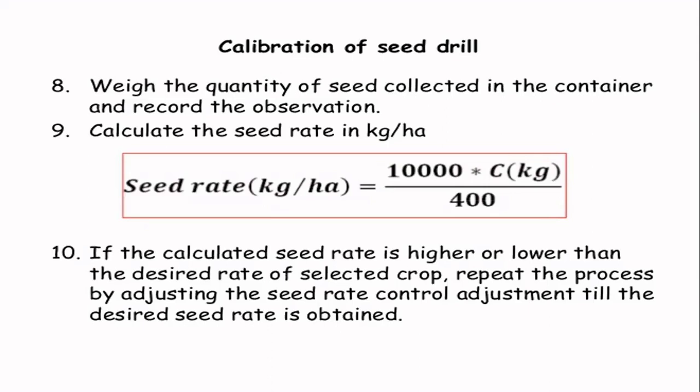Then the seed rate is calculated, dividing by 400, 1 over 25th. 10,000 divided by 400 into seed rate, kilogram per hectare.